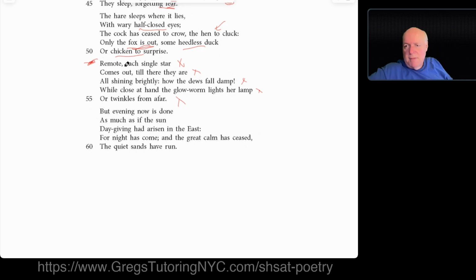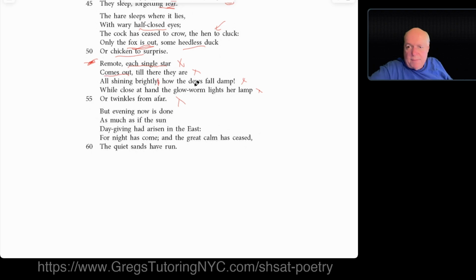So, remote, each single star comes out. That's a thought. Each single star comes out till they are all shining brightly, right? That whole three lines, 51, 52, and 53, we should read together to understand it, not just in pieces, but as a unit. Okay. So each single star comes out till they are all shining.